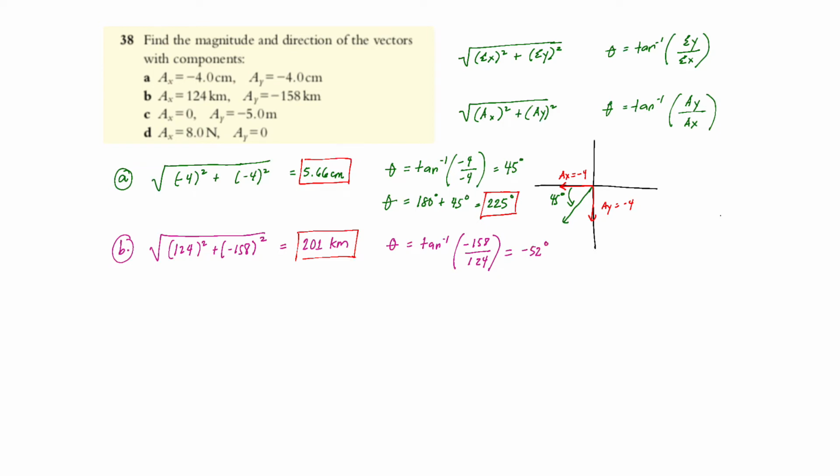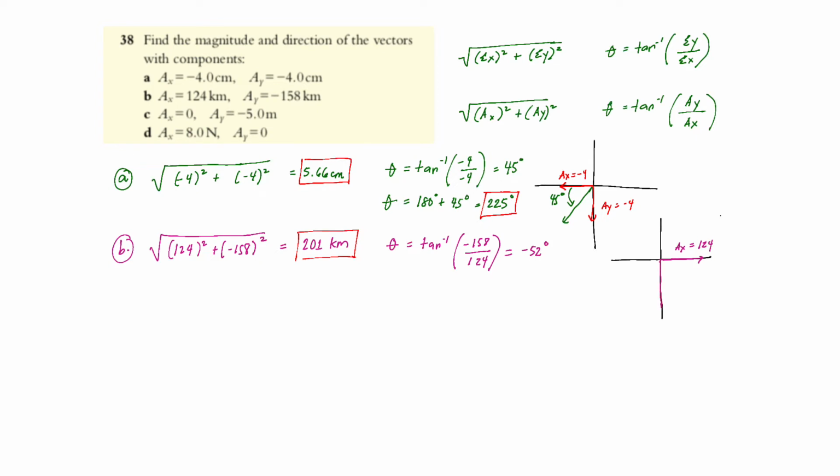And how are we going to interpret that angle? Again, we sketch which quadrant it belongs to. 124 would be on the positive x-axis, so x here is 124.